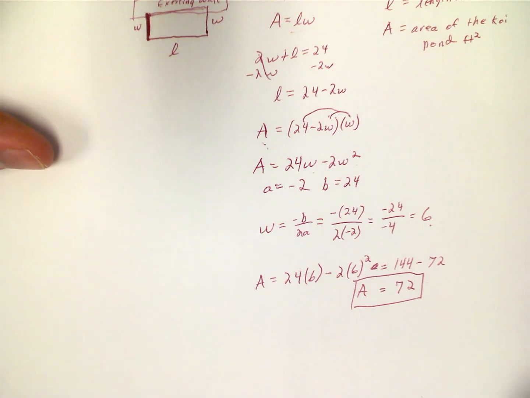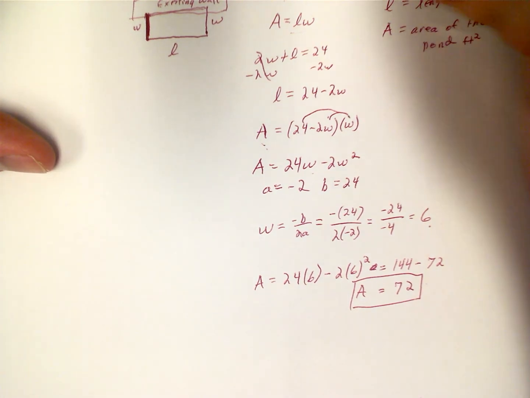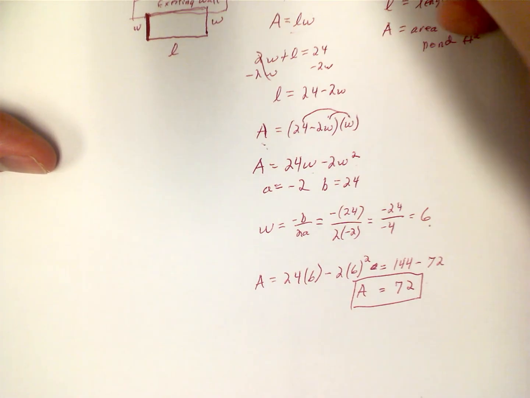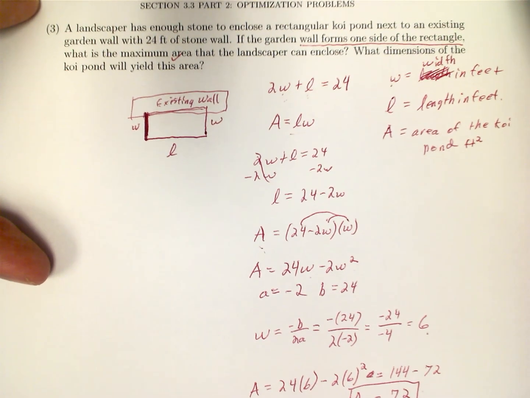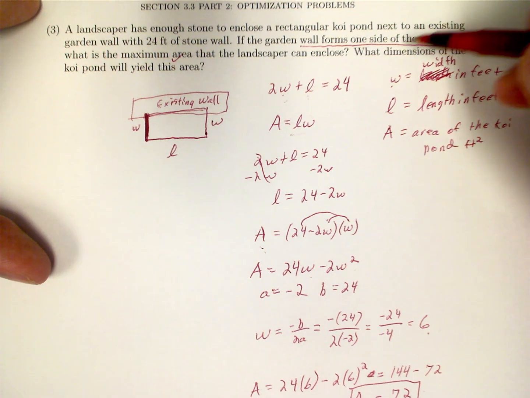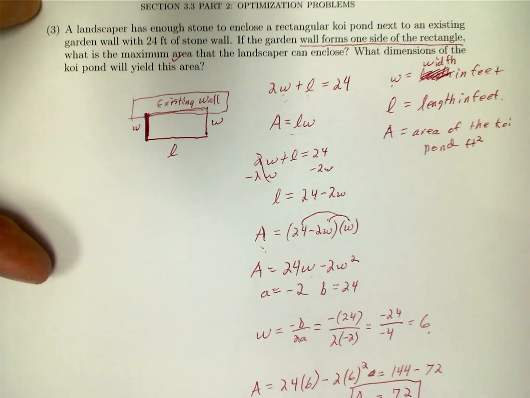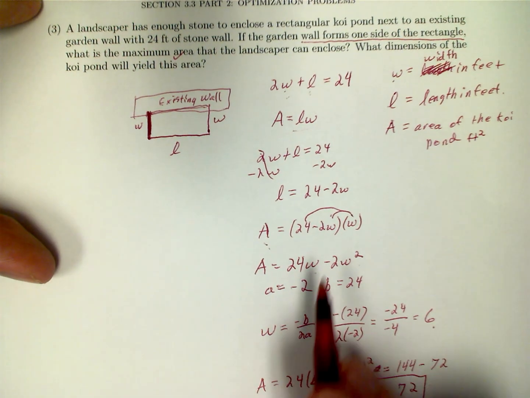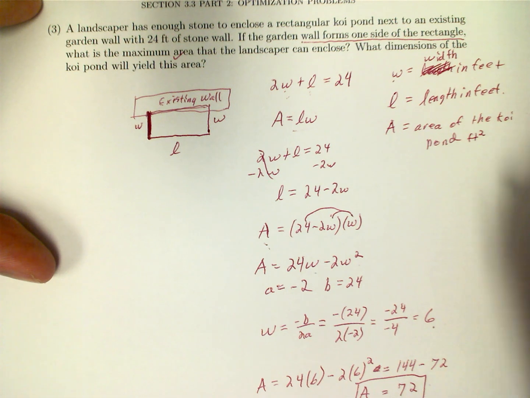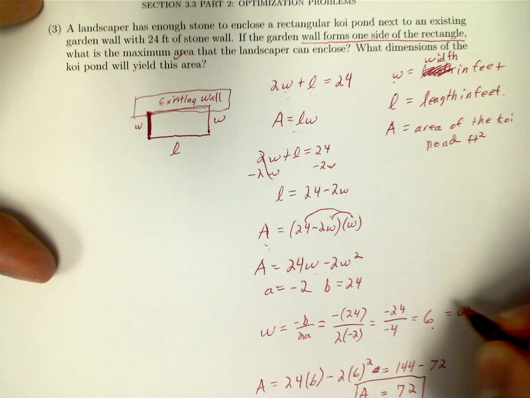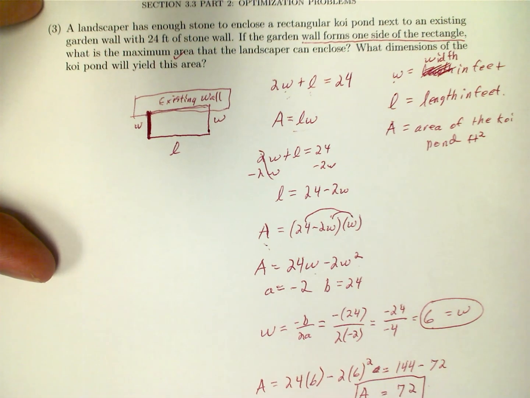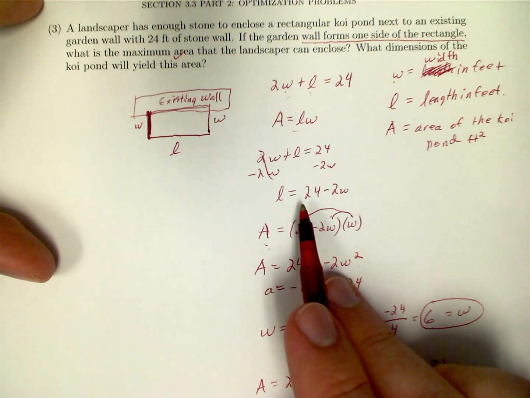All right, so we found the area. Now let's look at the next part. What's the maximum area that the landscaper can enclose? We're done with that. And what dimensions of the koi pond will yield this area? We found the width, that's 6. To find the length, we can just plug it back into this.